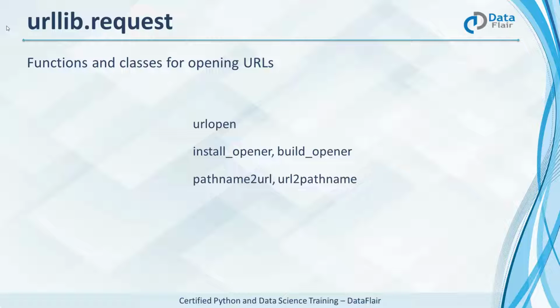Path name to URL and URL to path name alternate between the path name and the path component of a URL. getProxies is a helper function that returns a dictionary of scheme to the proxy server URL mappings. This module also has essential classes like request, opener director, HTTP password manager, HTTP handler, and the FTP handler.